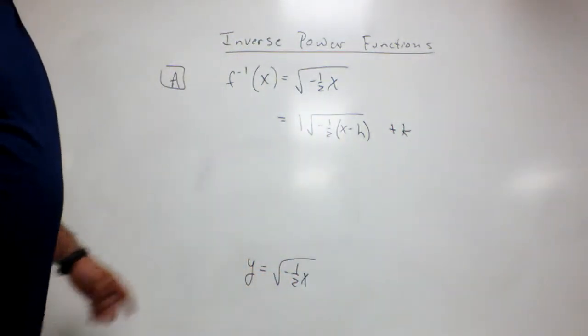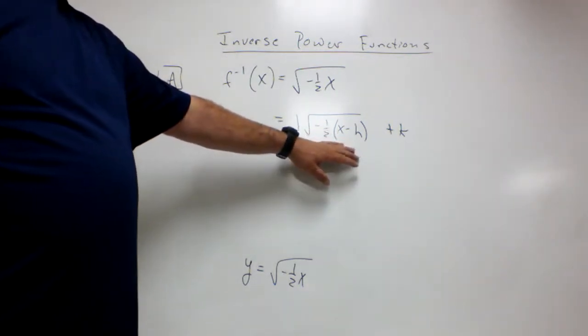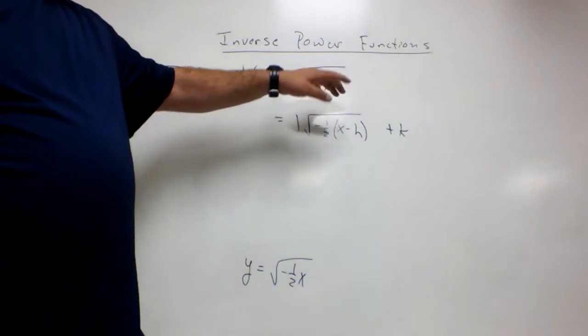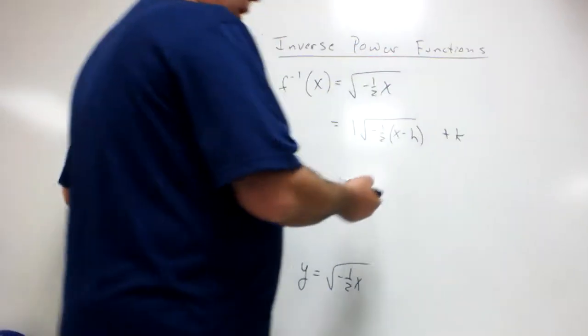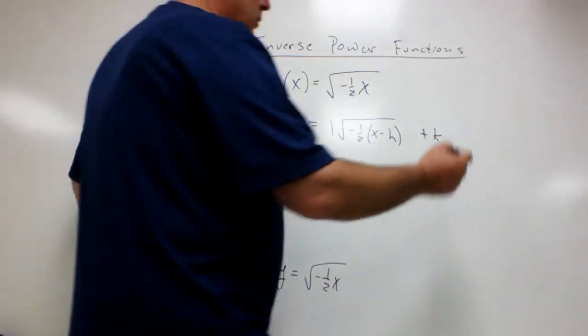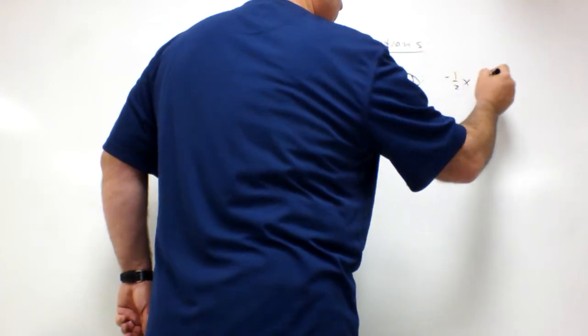Okay, and what we're going to do though is set the centerpiece greater than or equal to 0, right? Because we can't take the square root of a negative. So we take the negative 1/2 x and force it greater than or equal to 0.